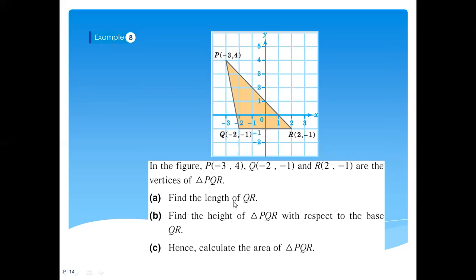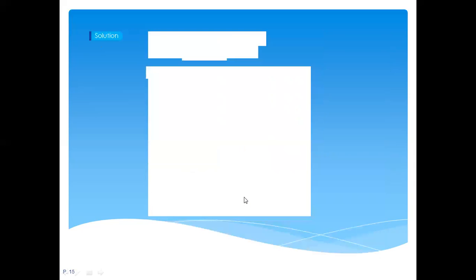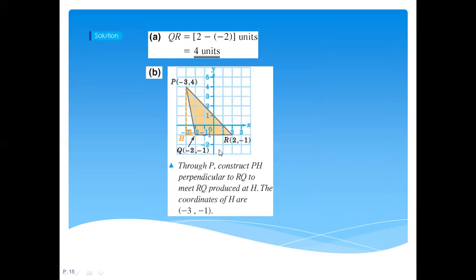Okay, let's do it one by one. Part A, how long is the line QR? Then part B, if QR is the base, then the height is PH. It must be perpendicular, okay? So H, the coordinates, we can fix by reading the figure, this graph, (-3, -1).